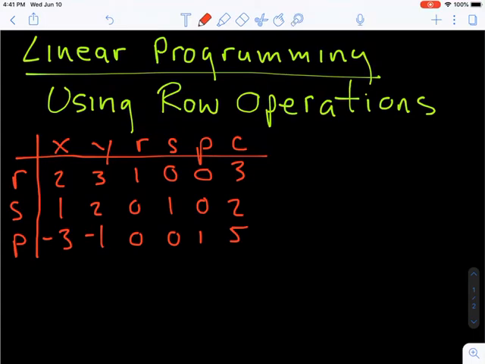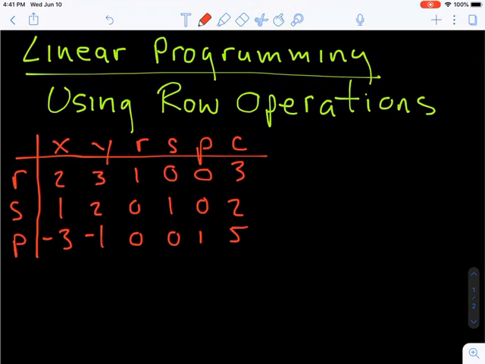In this video, I am going to demonstrate how to use row operations that we learned in the unit on linear algebra in order to clear a column of numbers to go from an initial table to our second table. So let's just say that this is our initial table that we've set up from our linear programming problem.